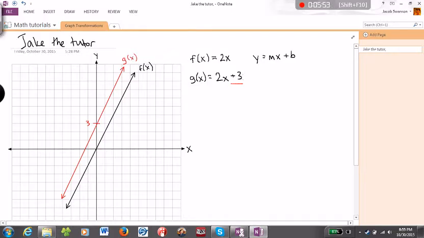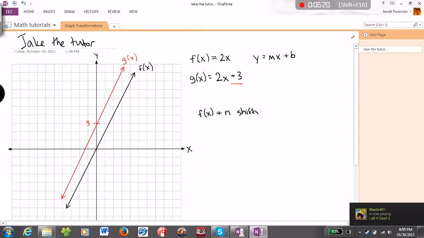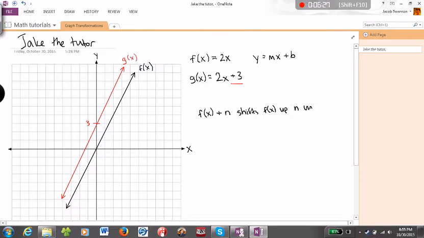If you wanted to move this line down any number of units, you would simply subtract. So I'm going to make the general statement here. If you're given a function f of x and you add some number n, this shifts the function up n units.